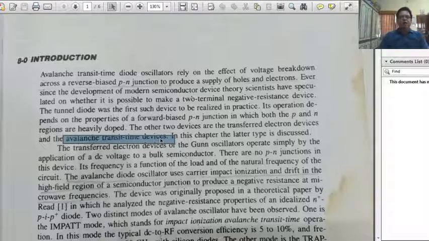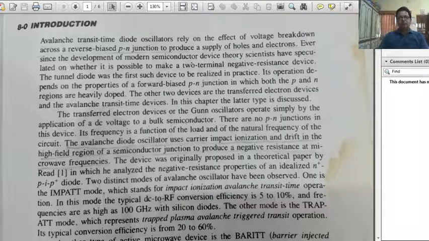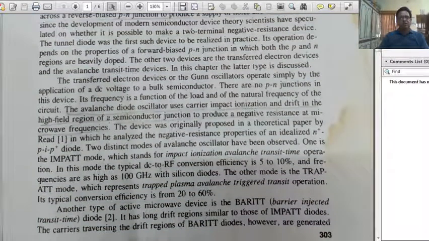Now the remaining part is related to avalanche transit time devices. Here we discuss the remaining diodes, which are the Read diode, IMPATT diode and TRAPATT diode. These are avalanche transit time devices.